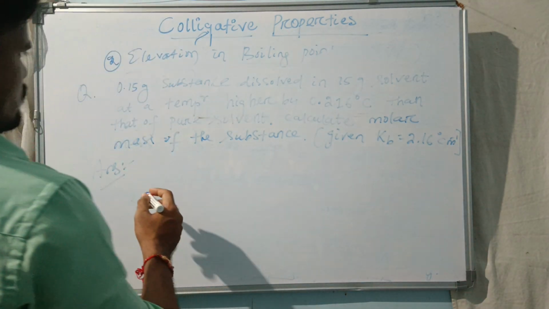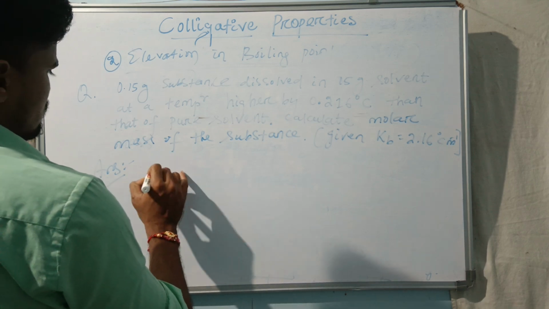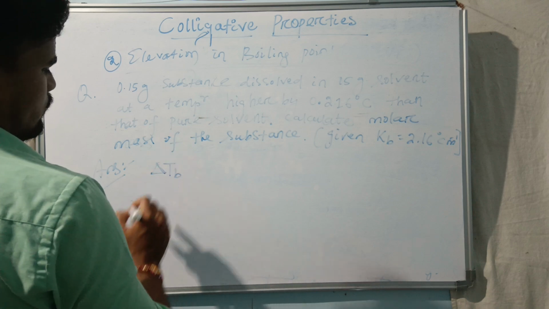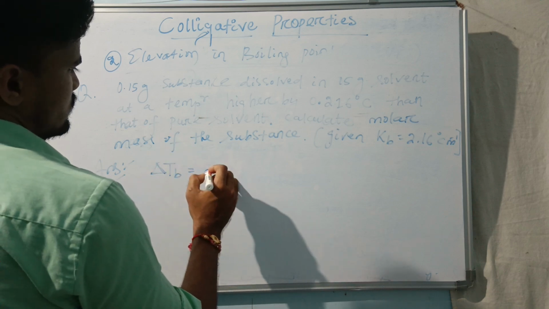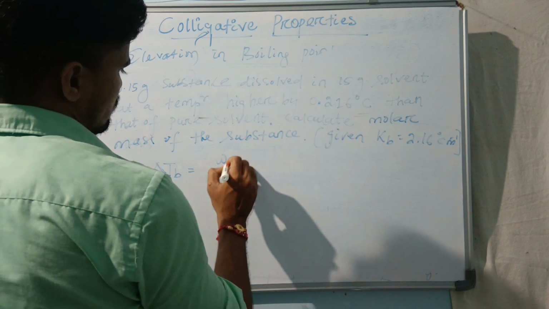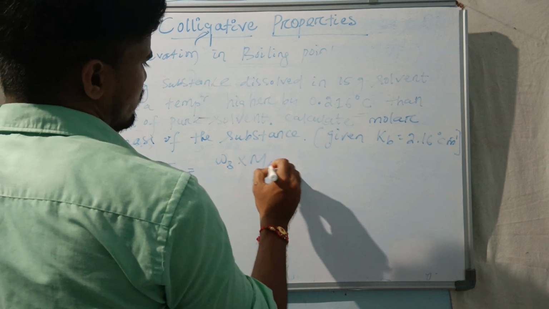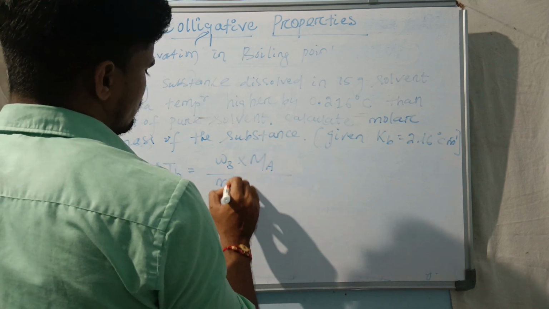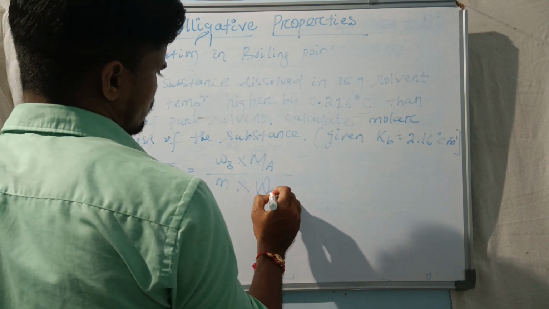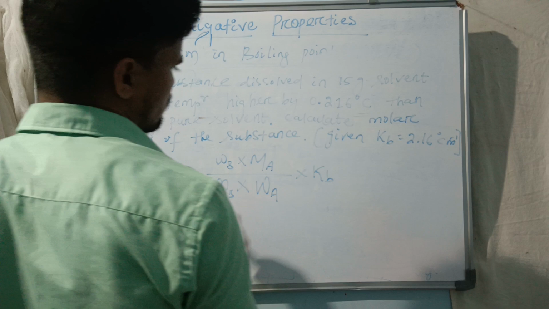So what is given first? We know that delta TB, put the formula: delta TB is equal to WB into MA divided by M into WA into KB, right?